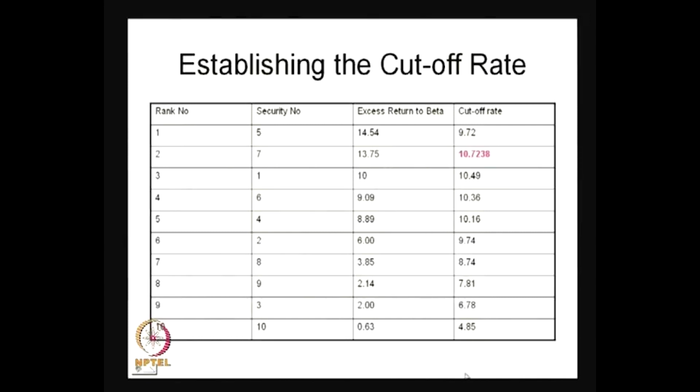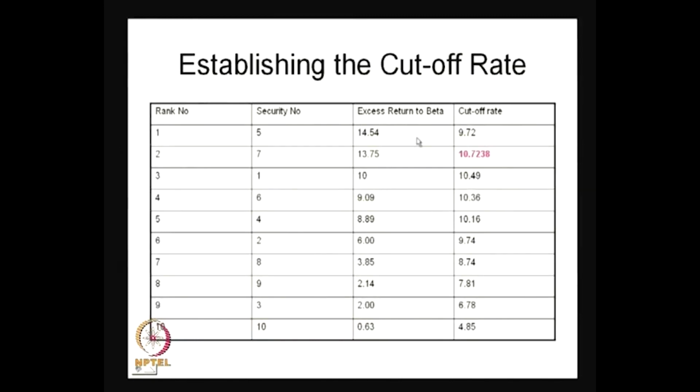If you go on, you see that in all the cases the cutoff rate is more than the excess return to beta, except the rank 1 and 2 securities, security number 5 and security number 7. These are the only 2 stocks where the excess return to beta is more than the cutoff rate.